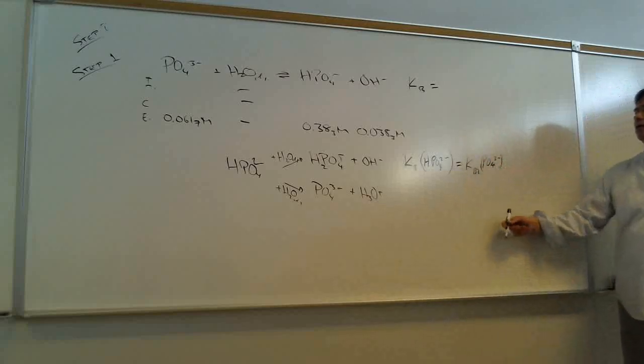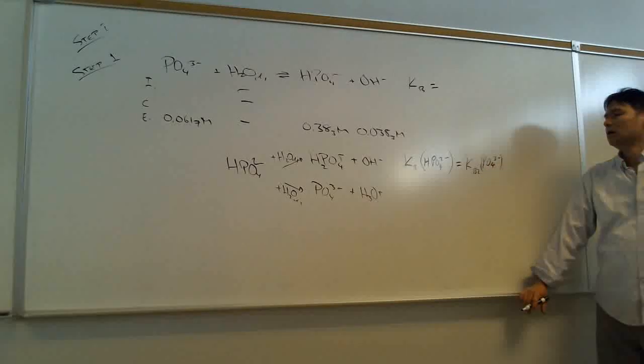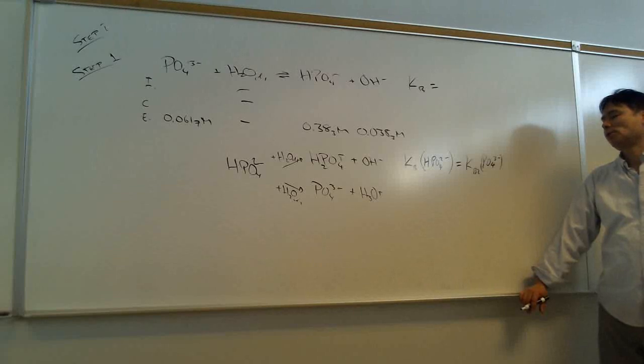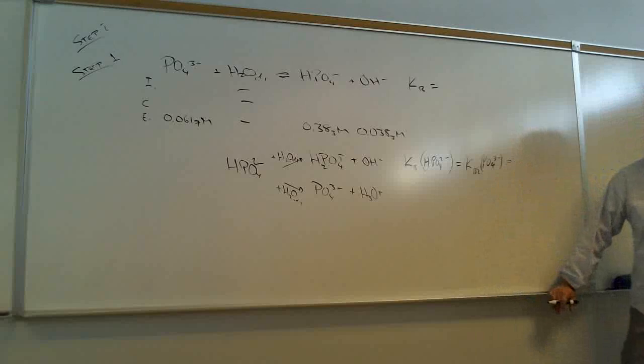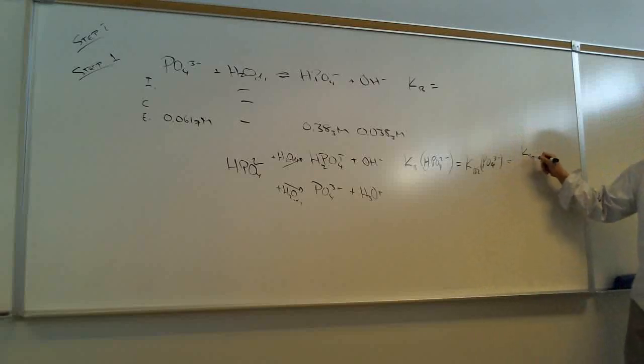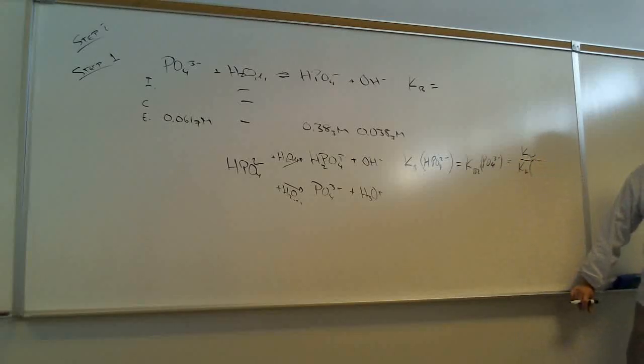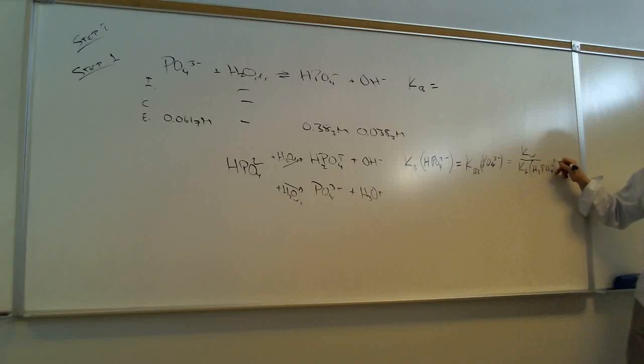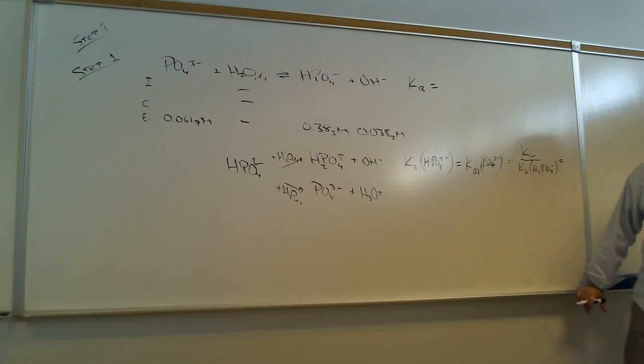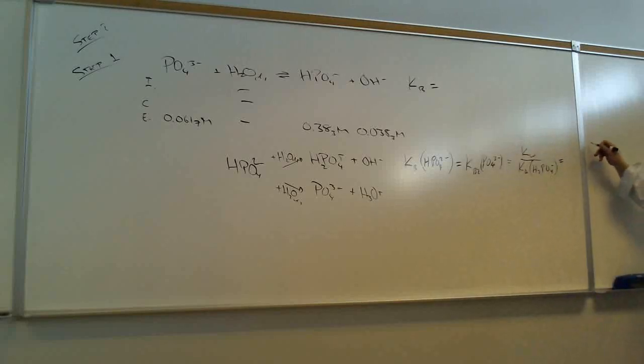And so this is the second, picking up the second proton, which is equal to what? Which is equal to Kw over Ka for what acid? H2PO4 minus. Kw is 1.0 times 10 to the minus 14.